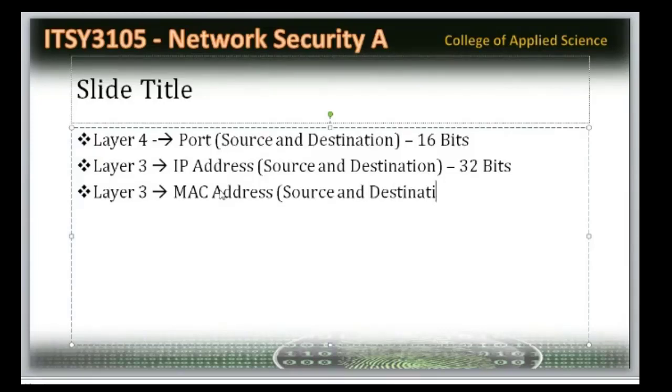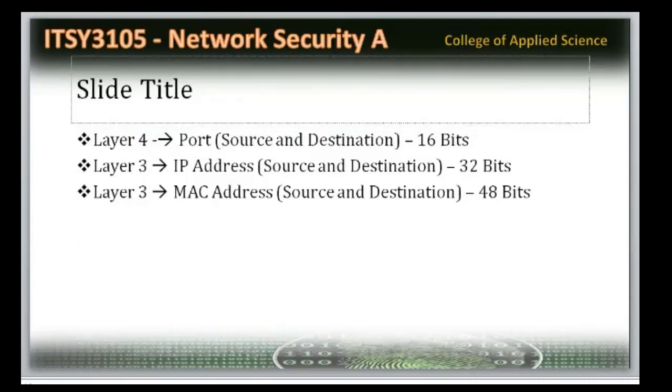The length of the MAC address is 48 bits. So these are all the addresses that you need if you want to communicate from one machine to another. Now, this is what is given here.